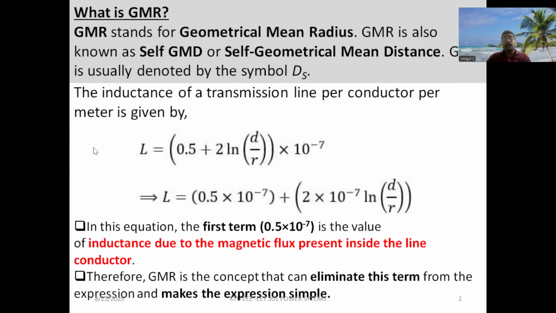This formula has two parts, one constant part and another variable part. The first part of this equation, 0.5 into 10 raised to minus 7, represents the inductance of the transmission line due to the internal flux contribution by the conductor.